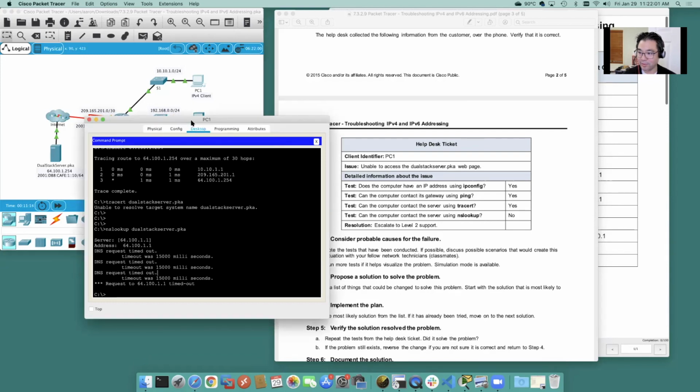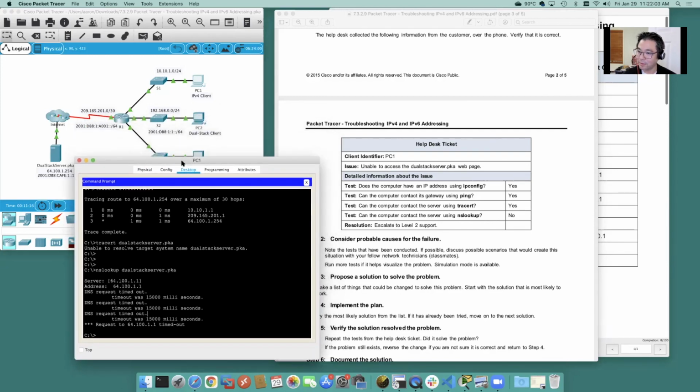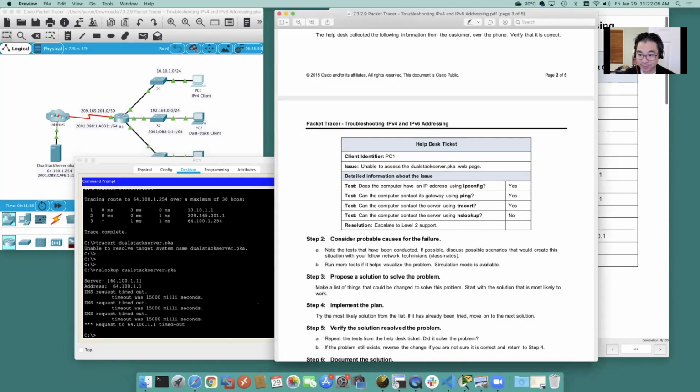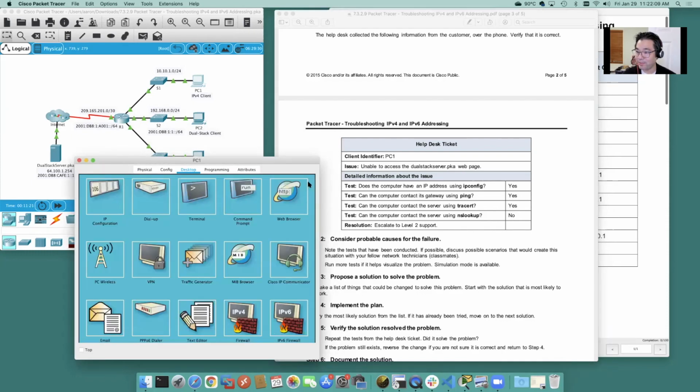Yep, and that's a big no. My guess, if you can reach it via IP but not by friendly name, it's either a problem with the client or server DNS.